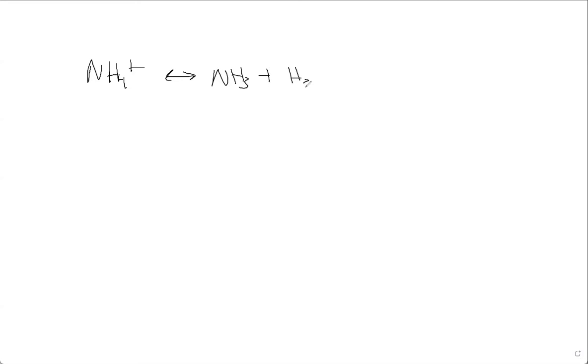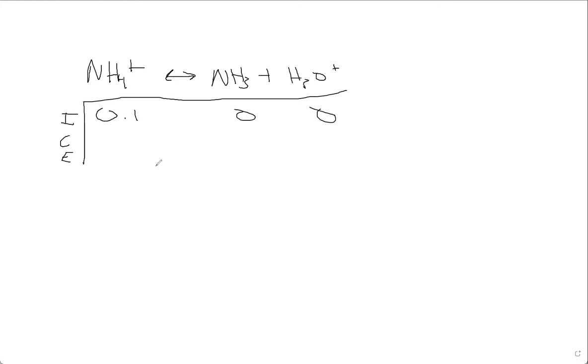All right, so your ice table: 0.1, 0, 0, minus x and x, 0.1 minus x and x.